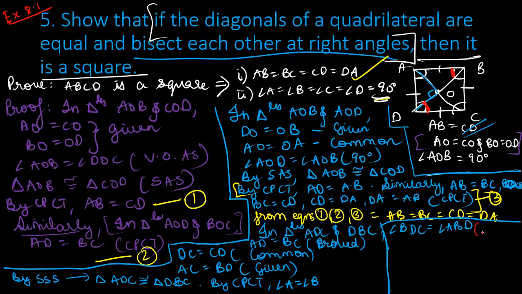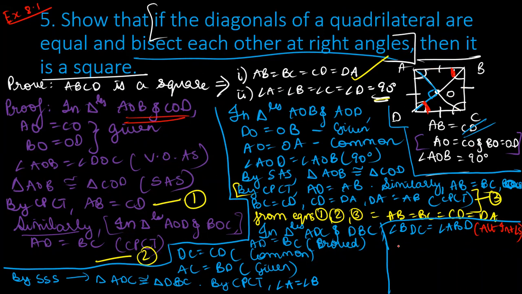Why? Because you can say that they are alternate interior angles. And also you can say that since triangle AOB is congruent to triangle DOC, which we had done earlier here, I can say that angle BDC is equal to angle ABD by CPCT, and also these two are alternate interior angles, right?